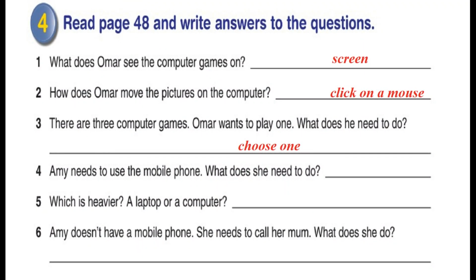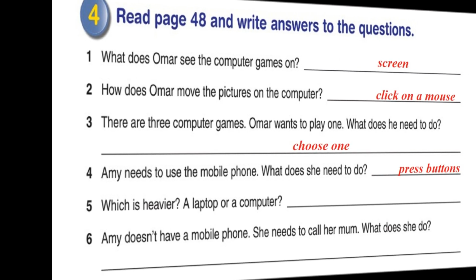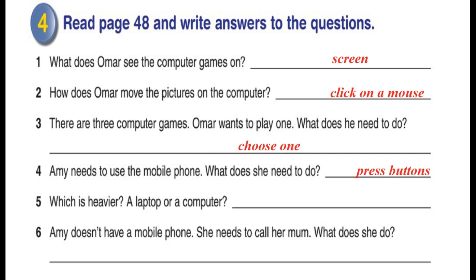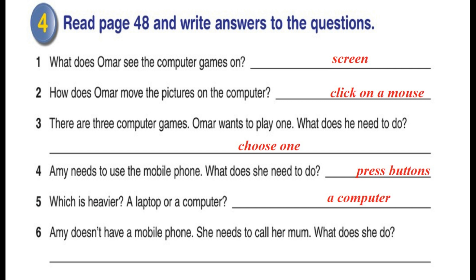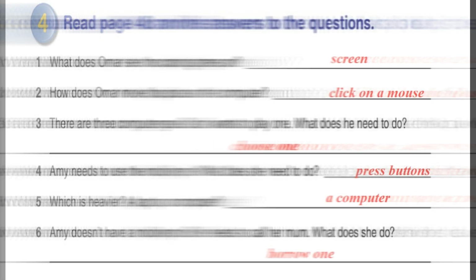Choose one. 4. Amy needs to use the mobile phone. What does she need to do? Press buttons. 5. Which is heavier, a laptop or a computer? A computer. 6. Amy doesn't have a mobile phone. She needs to call her mom. What does she do? Borrow one.